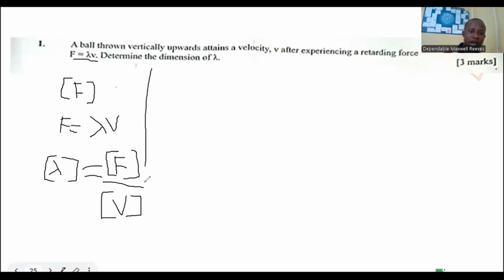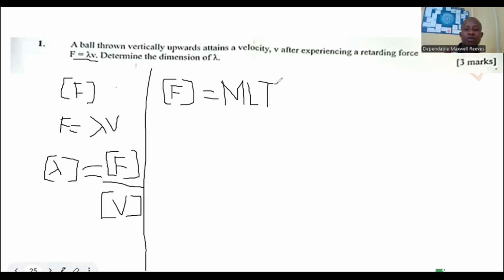From our little knowledge of physics, we know the dimension of force F is given as capital M times L times T to the minus 2.